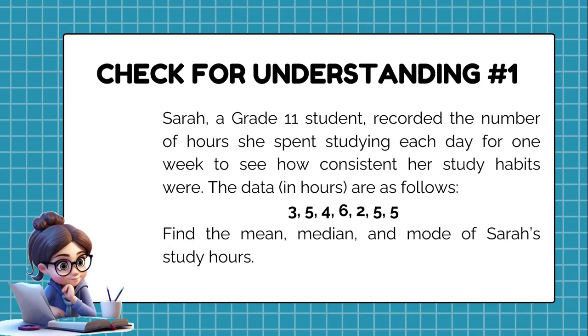What about the median? We have to arrange the given set of data: 2, 3, 4, 5, 5, 5, 6. Since we have 7 values, our data set is odd. 7 over 2 is 3.5, so we are getting the fourth position: 1, 2, 3, 4.